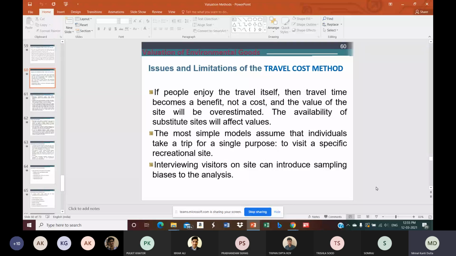It's not specific to only the travel cost method. It is relevant for many such survey works. So it's a general problem which might arise in the case of collecting data from the individual visitors from the site. So biases might be there.